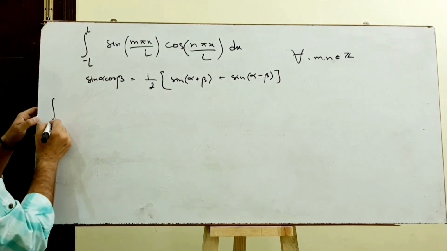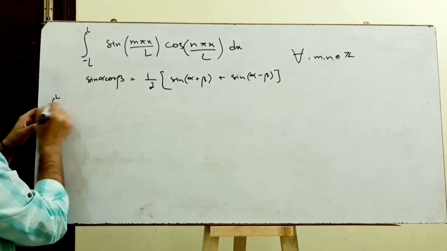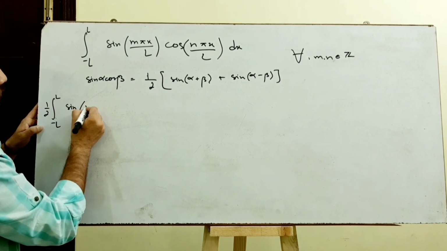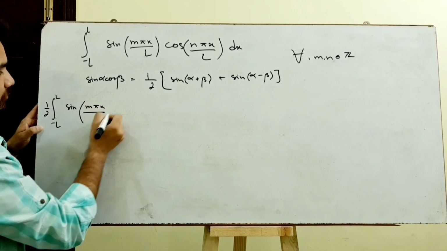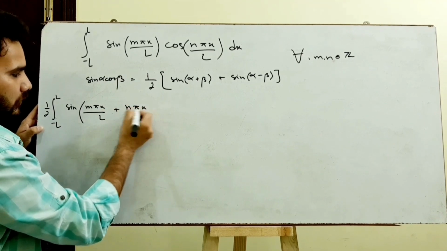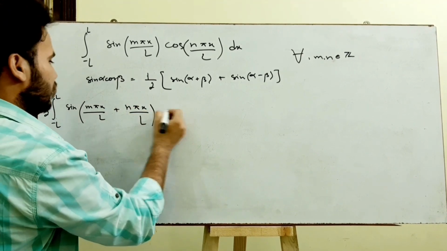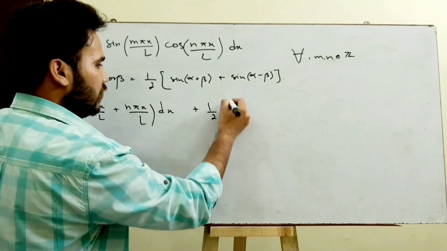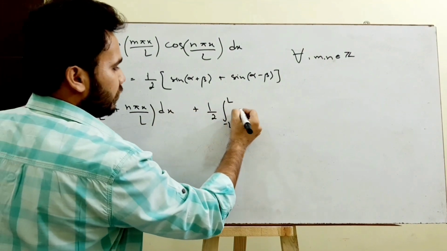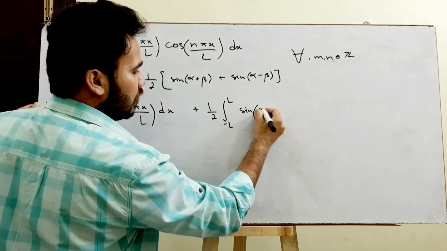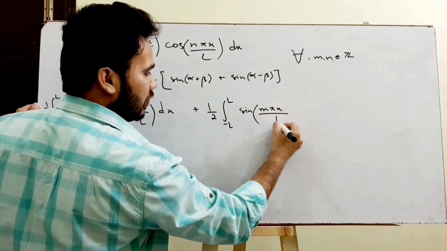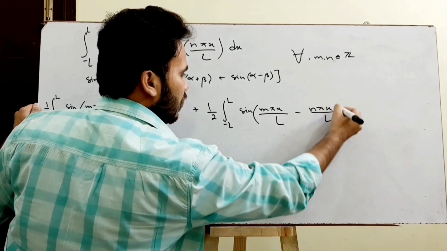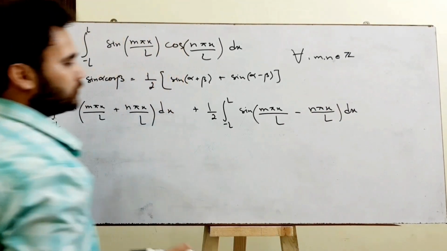So this will be the integral from minus L to L of 1/2 sine(m pi x over L plus n pi x over L) dx, plus 1/2 the integral from minus L to L of sine(m pi x over L minus n pi x over L) dx.